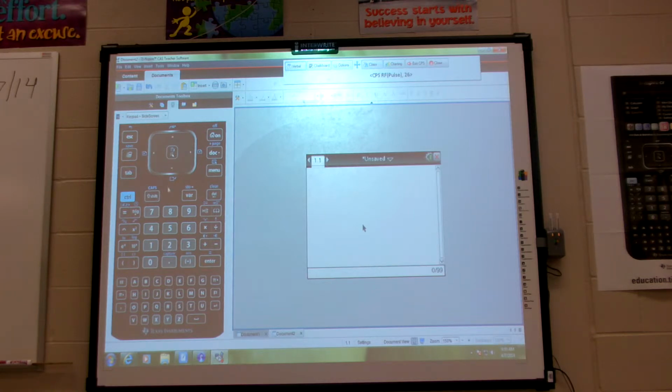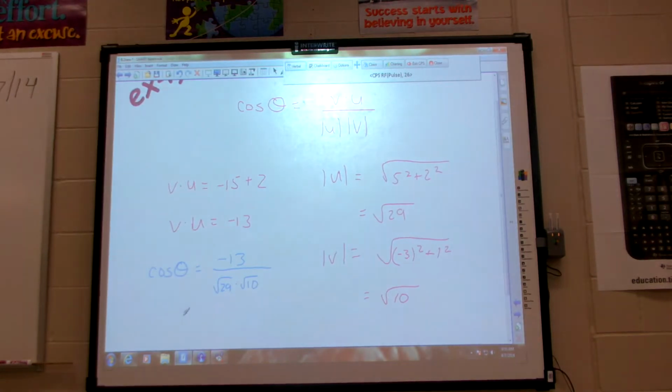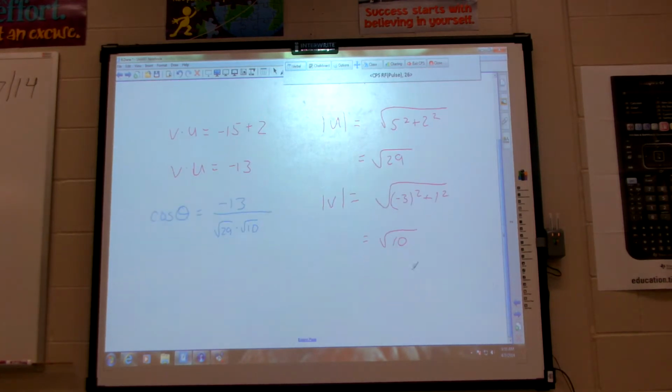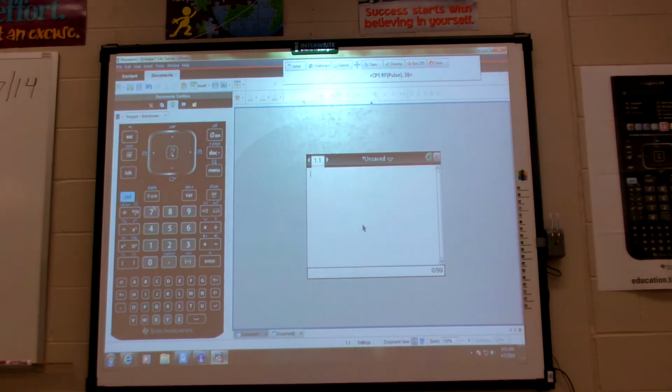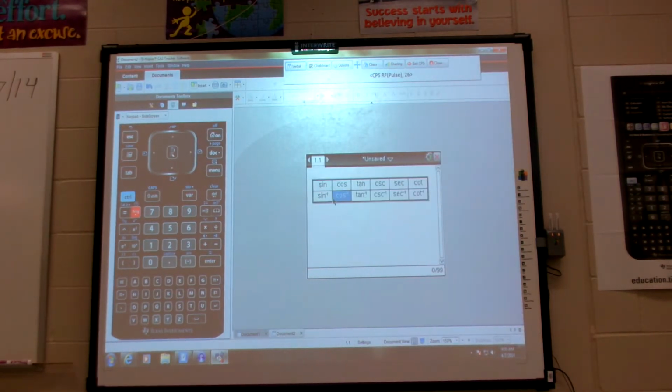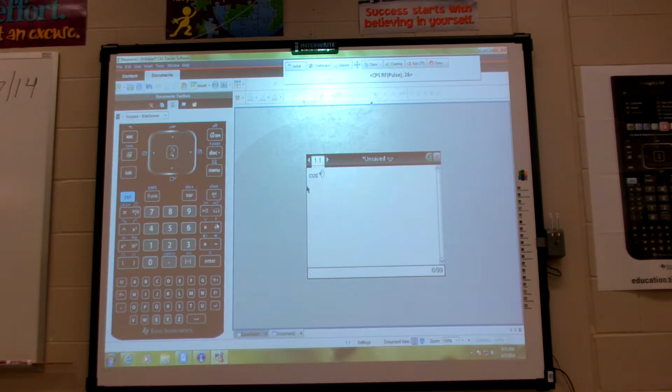Okay, I want to show you how you put this in. Now, over here, we know that we would do cosine inverse, correct? So this is actually what we're putting in. When I put this in, the easy way, put in cosine inverse. I would use your fraction button to avoid parenthesis errors.